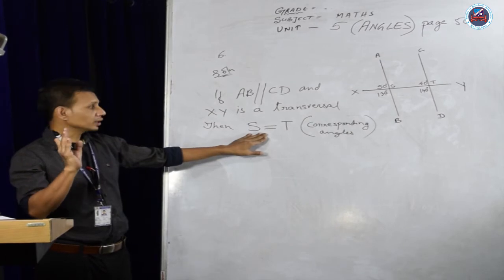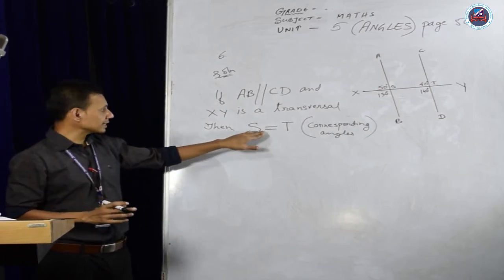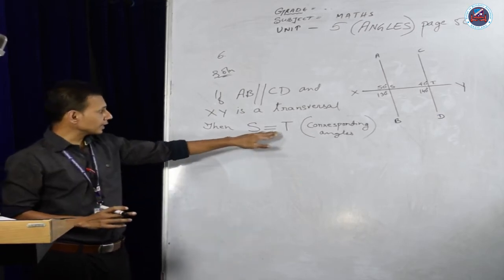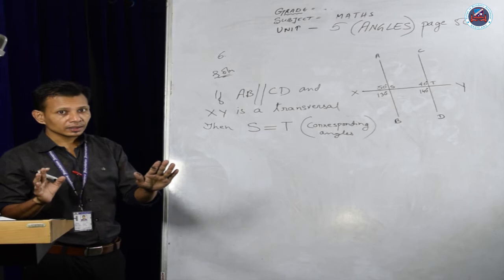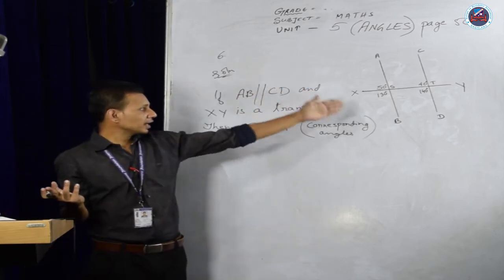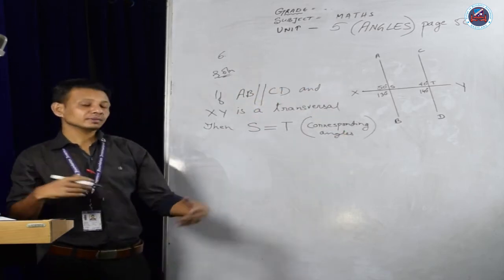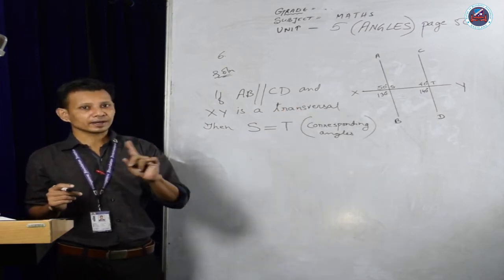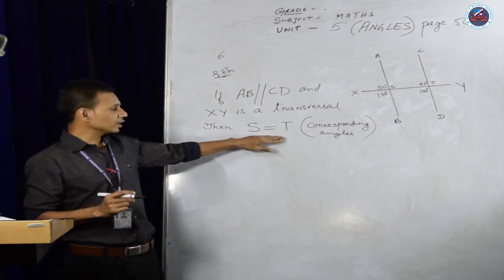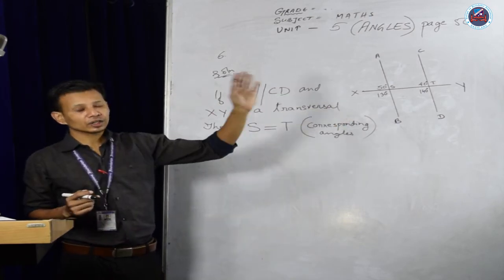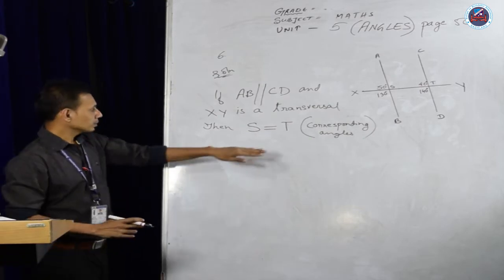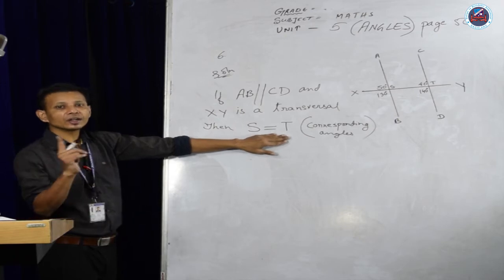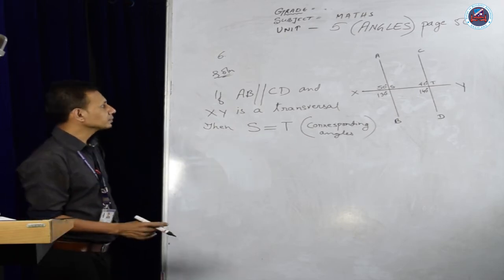Now what you need to do is prove that S and T are not the same. If you can prove that S and T are not equal, you have proved that AB and CD are not parallel. That is your answer. So if they are not equal, surely these two lines are not parallel. Simple, right? But if they are parallel, then these two must be the same. Now let us prove that these two are not the same. How? Let's do it.